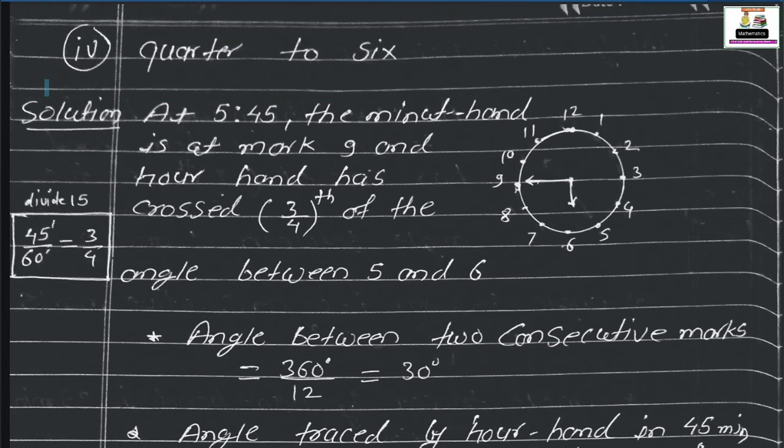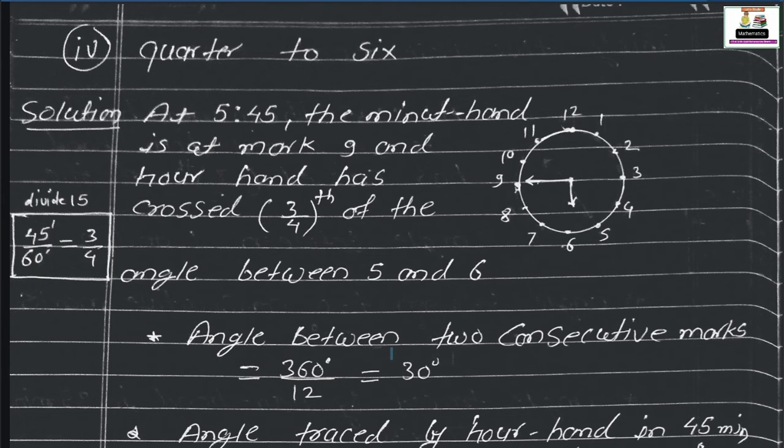Next, 5:45 solution. At 5:45 the minute hand is at mark 9, and the hour hand has crossed 3/4 of the angle between 5 and 6. 3/4 means 45 divided by 60, we get 3/4.